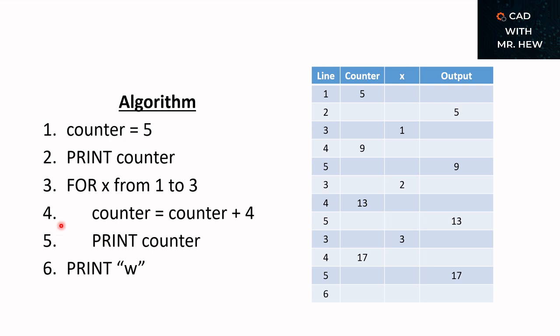So now we're going to exit the loop, because we have done the for loop. We have gone through the loop 3 times, and we are now at line 6. At line 6, we're going to print the letter W on the screen. And this is a completed trace table.